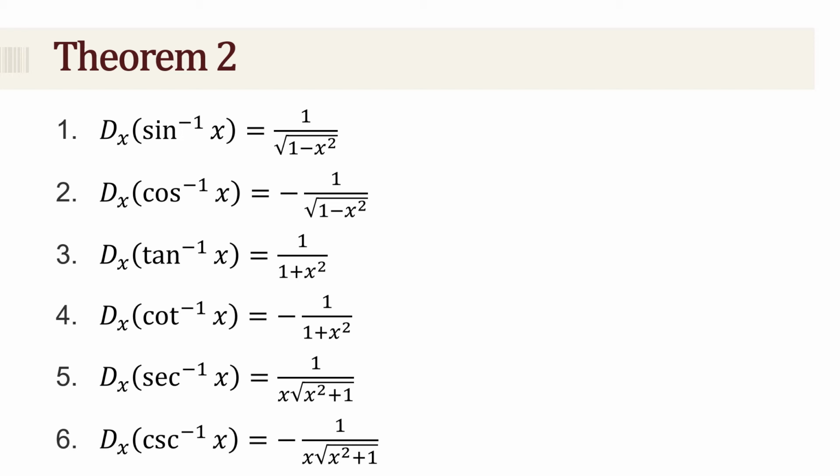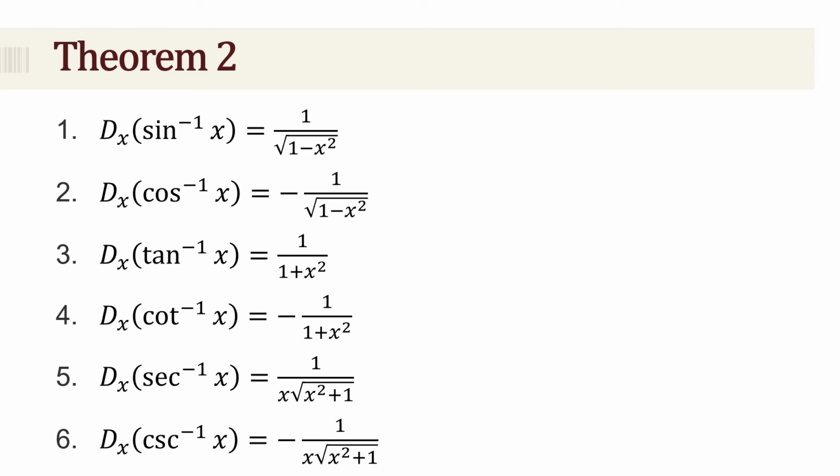The derivative of arc tan x is equal to 1 over 1 plus x squared. The derivative of arc cotangent x is equal to the negative of 1 over 1 plus x squared. The derivative of arc secant x is equal to 1 over x times the square root of x squared plus 1.